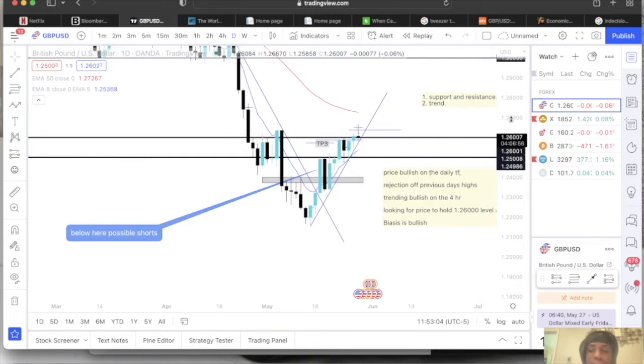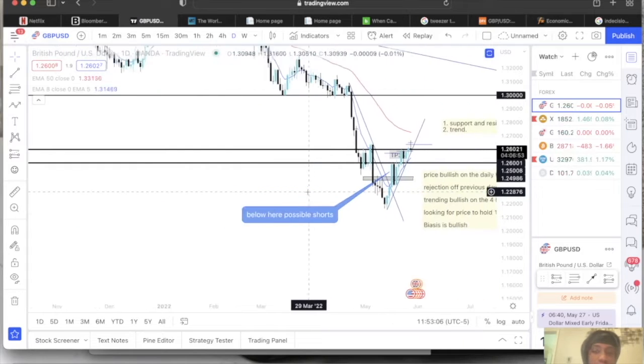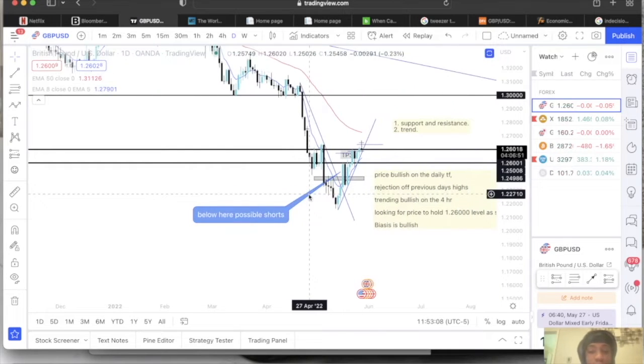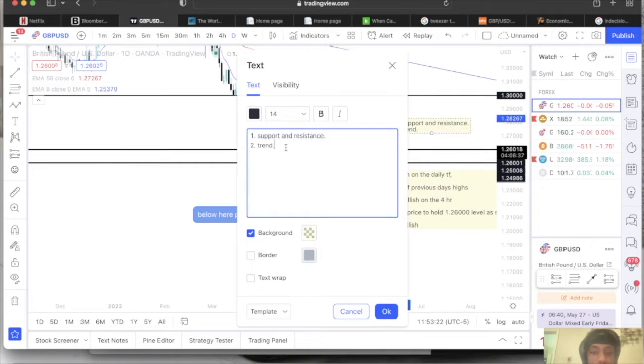And so basically, the moral of the story is, I was just giving y'all a quick look at what market structure is and how to look to identify your trade. Also, the trading session. What makes it easier is the trading session.